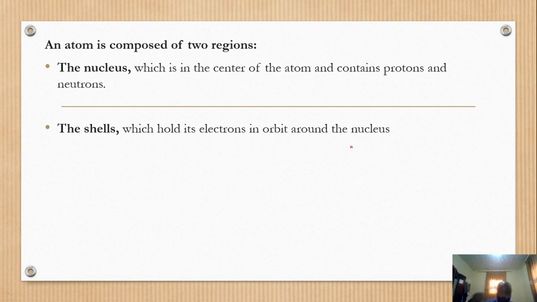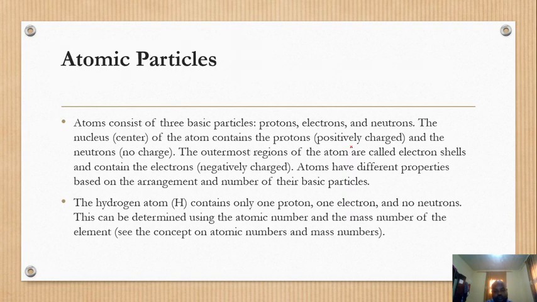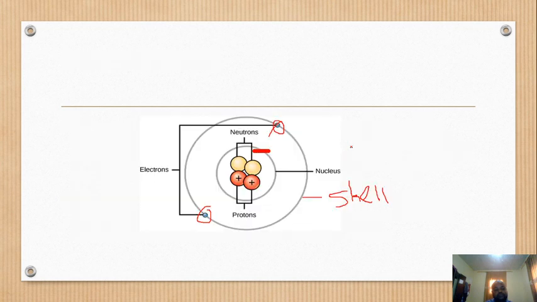They surround the nucleus, they are around the nucleus, right? Yeah, this is the atom. At the center, we have the nucleus. In the nucleus, we have neutrons and protons. These are the shells. In the shells, we have electrons.